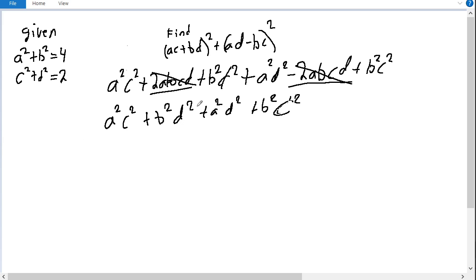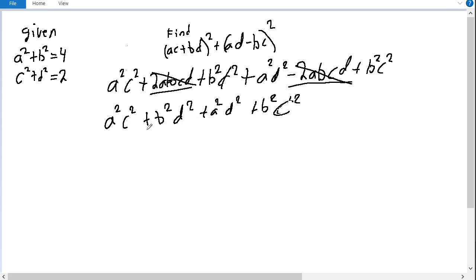So what we can do is group our terms and try factoring out our variables. That is to say, we can try seeing if we can factor a squared and b squared out and see what we're left with, right?